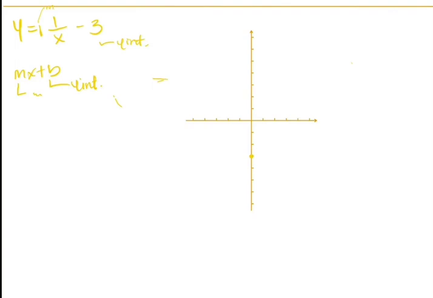That means 1 is multiplying 1 over x. Remember, this is a reciprocal. So we're going to graph our slope, which is 1. We go up 1, side 1 point, up 1, side 1 point, down 1, side 1 point, something like this. Then we're going to have our line that goes through it.